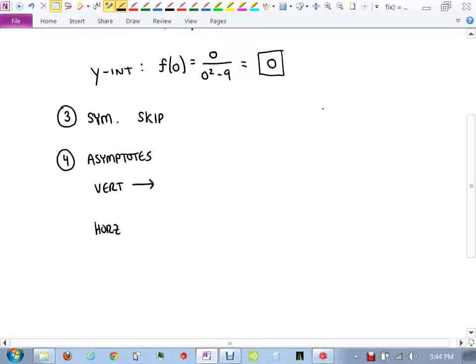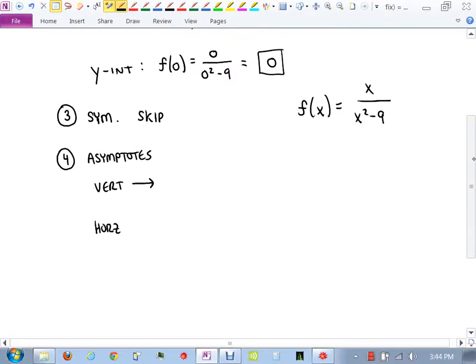Algebraically, here is our function. Don't vertical asymptotes occur whenever our denominator is 0? So 3 and negative 3, right? Those were the points that weren't in our domain. But what we need to recognize is that at those points, we will have vertical asymptotes.